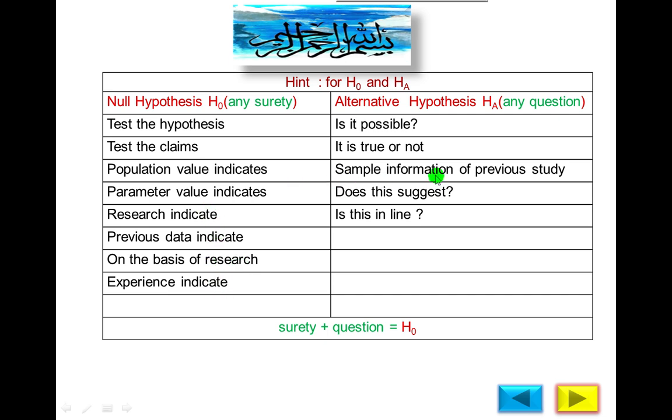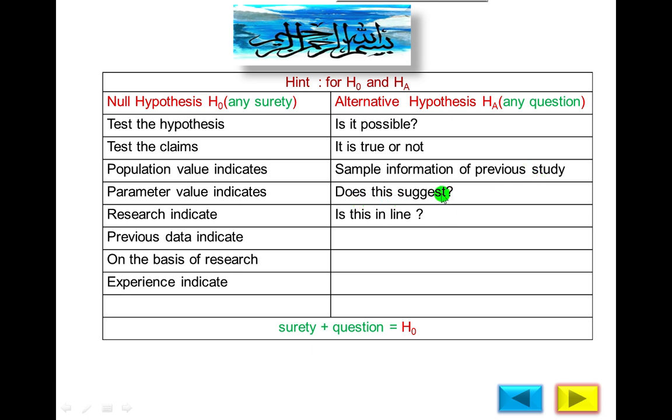But sample information of previous study: suppose you select a different sample from the previous study and then use it for testing the hypothesis for the current population. So sometimes we can use the sample information of the previous study for the next or current population.